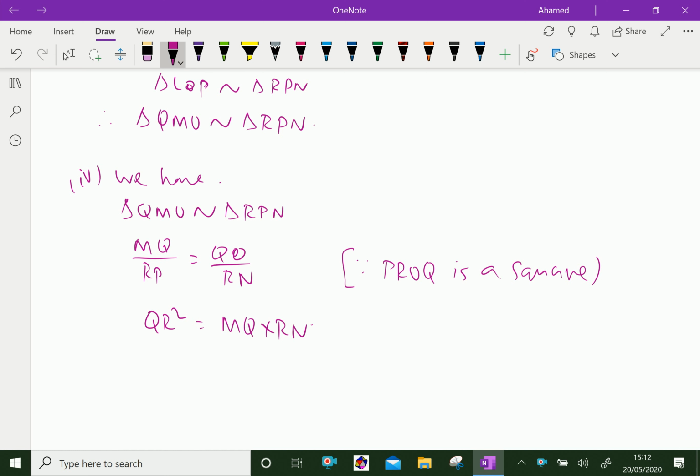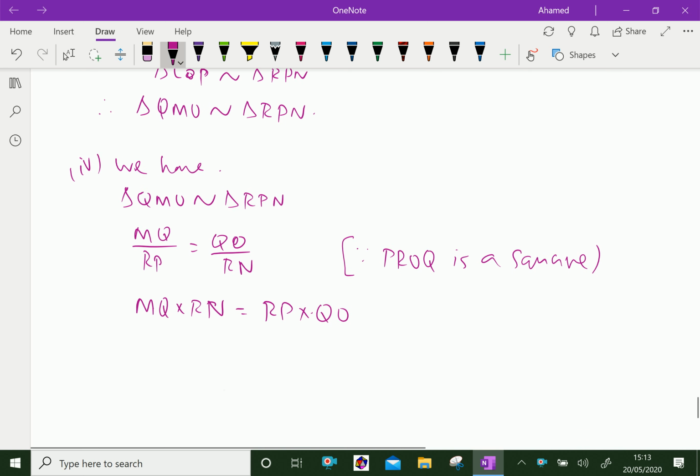Since before that we can write MQ into RN equal to RP into QO.